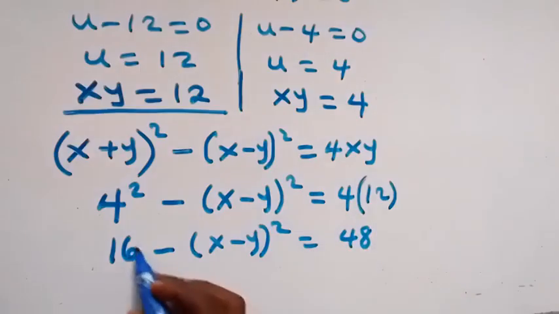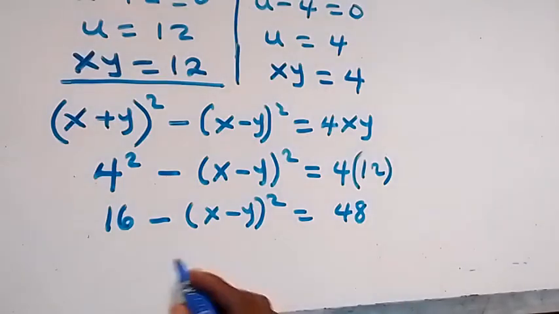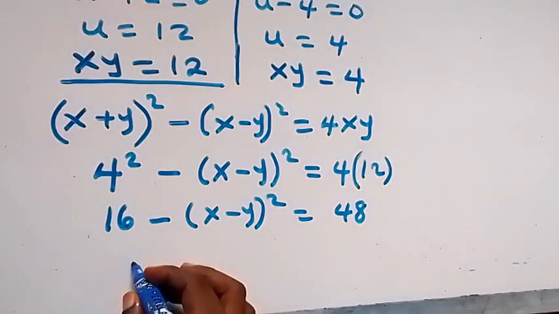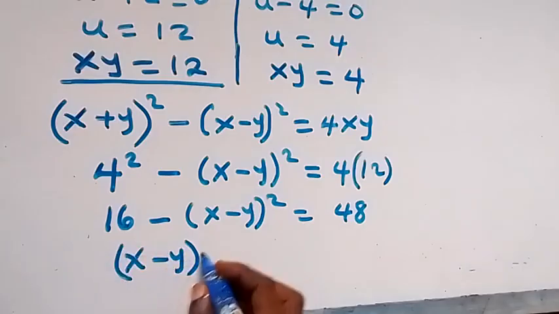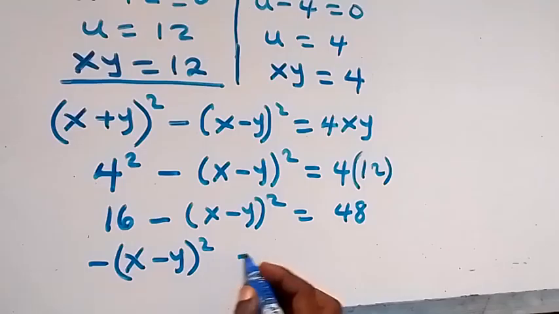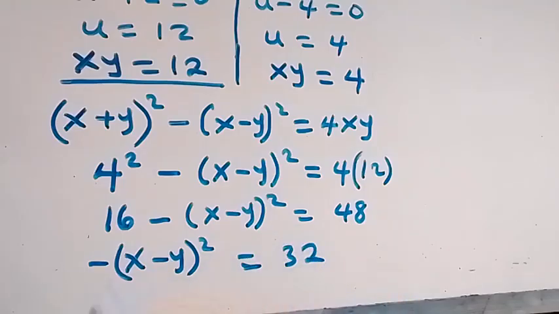Then we take 16 to this side, we subtract, and that gives us minus x minus y all squared equals, this will be 32 when we subtract. Then we multiply through by minus, this minus here will become plus, and here will be minus.